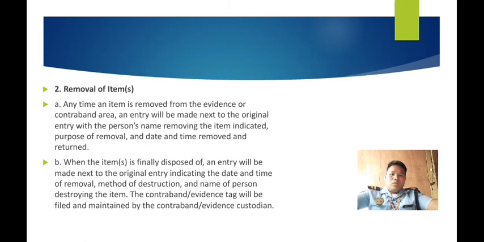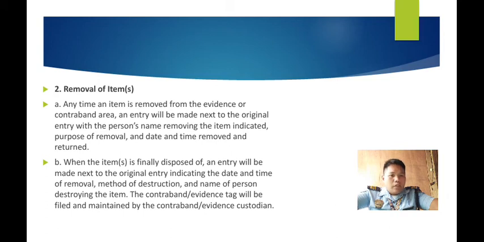2. We also have the removal of items, implemented by the BJMP administration. Anytime an item is removed from the evidence or contraband area, an entry will be made next to the original entry with the name of the person removing the item, purpose of removal, and date and time removed and returned.